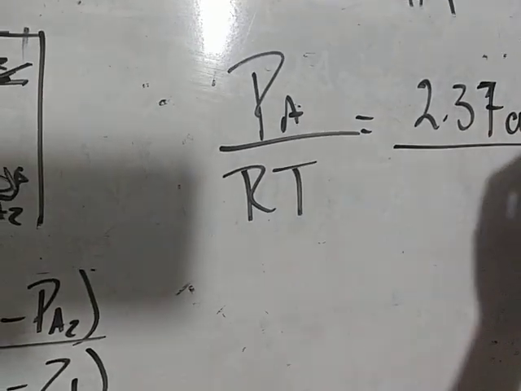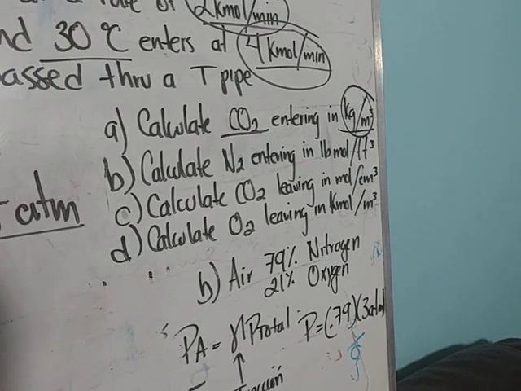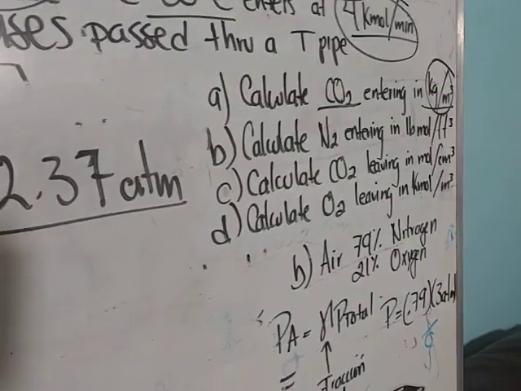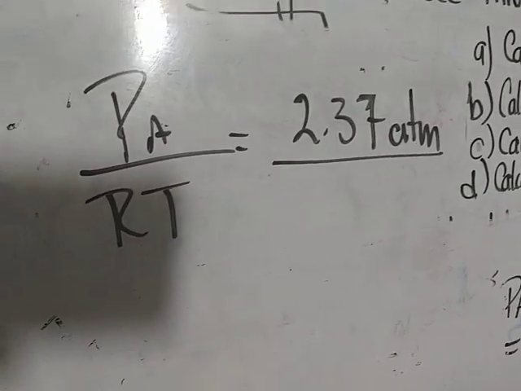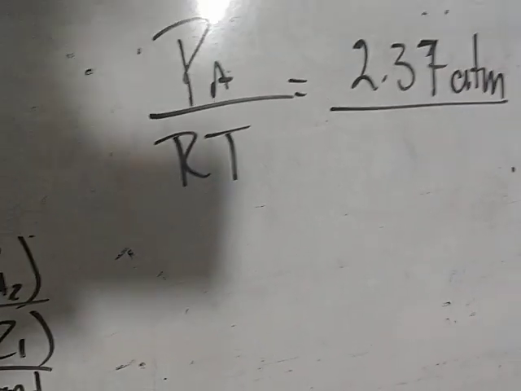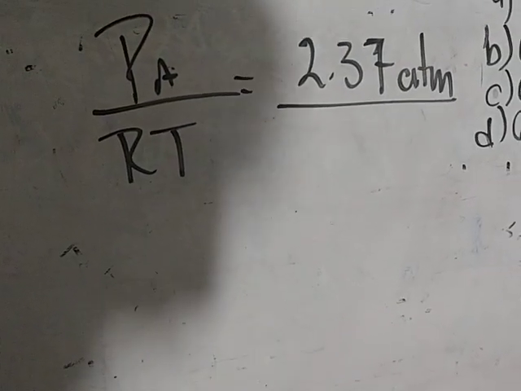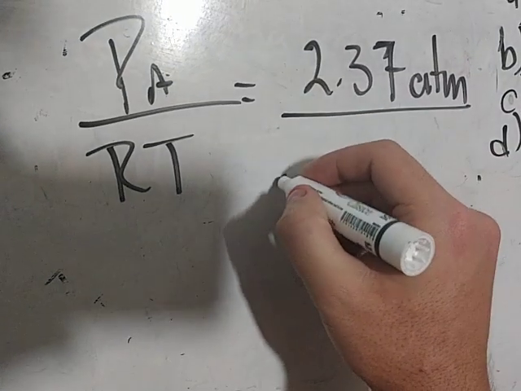Well, the constant, they are asking now in pound mole cubic feet. Well, we can use different constants of gases. In this one we're going to use another one. Remember, we have different constants.